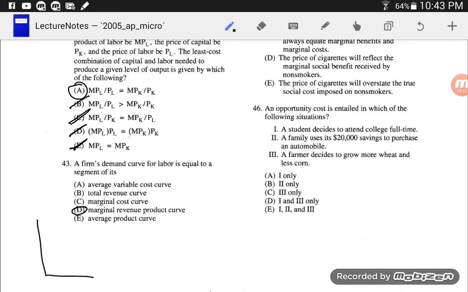If you remember our graph for a firm's labor, in a perfectly competitive market, you can hire as many workers as you want, and it's going to have that marginal factor cost. But because we get diminishing marginal returns on our additional workers, we might initially get a little benefit, but in the long run, the demand for labor is based on how much additional money, the marginal revenue, we get per additional worker. So marginal revenue product curve.